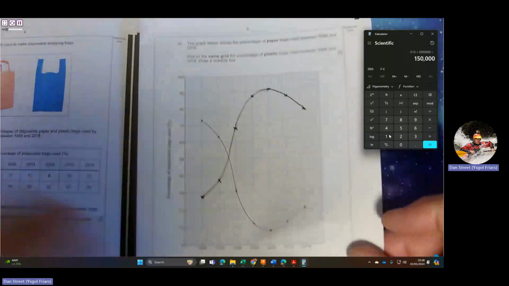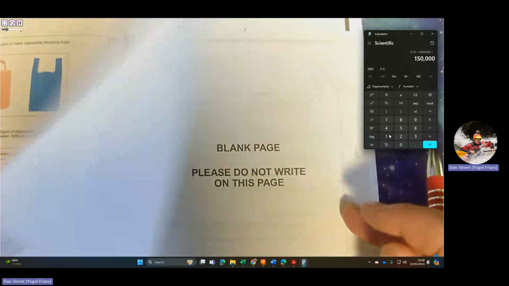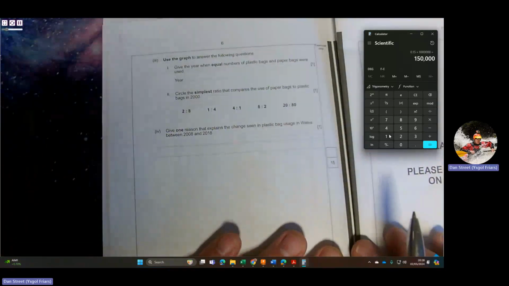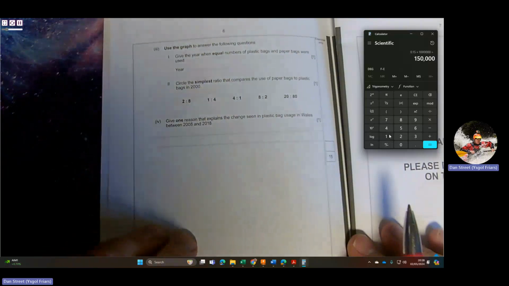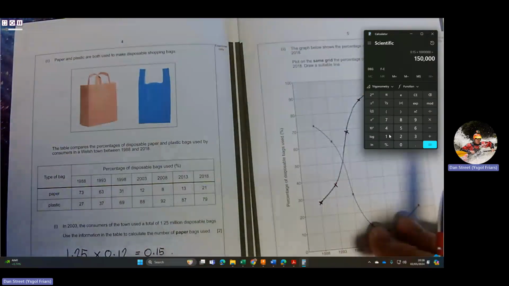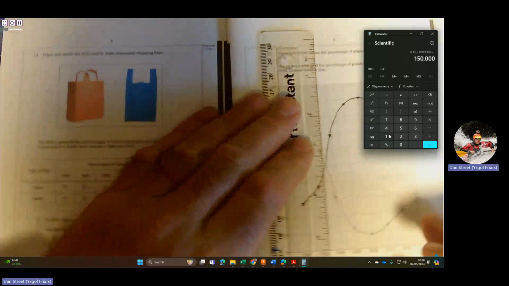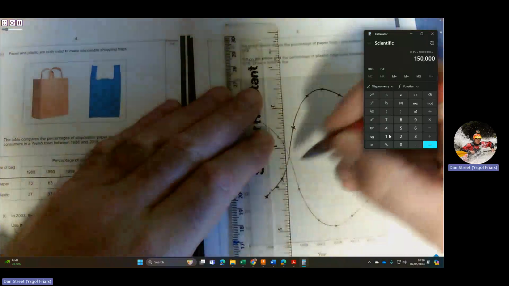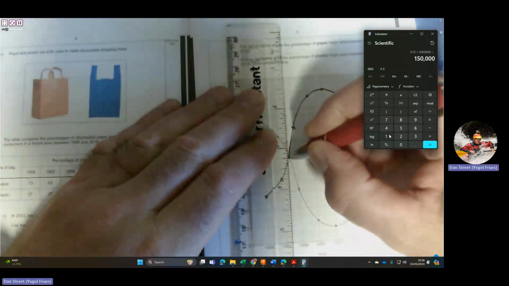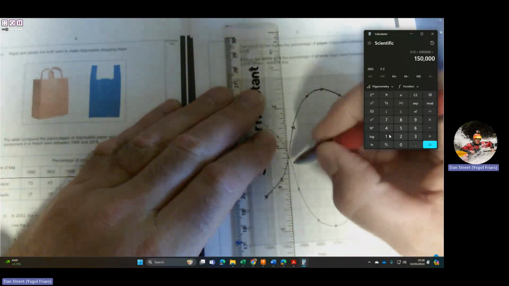Okay, so unfortunately this is going to involve a bit of turning back and forth. So the next question says, use the graph to answer the following questions. So give the year when equal numbers of plastic bags and paper bags were used. So if we refer back to our graph, if we wanted to do it properly, we can find the point at which the 2 lines intersect, and then we can drop down a vertical line.